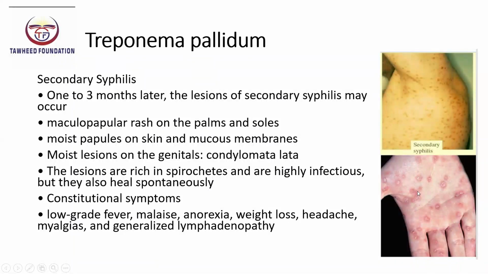The lesions are rich in spirochetes and are highly infectious, but they also heal spontaneously. But if they heal, it doesn't mean that spirochetes are not present. Constitutional symptoms will be visible if the patient is infected: low grade fever, malaise, anorexia, weight loss, headache.